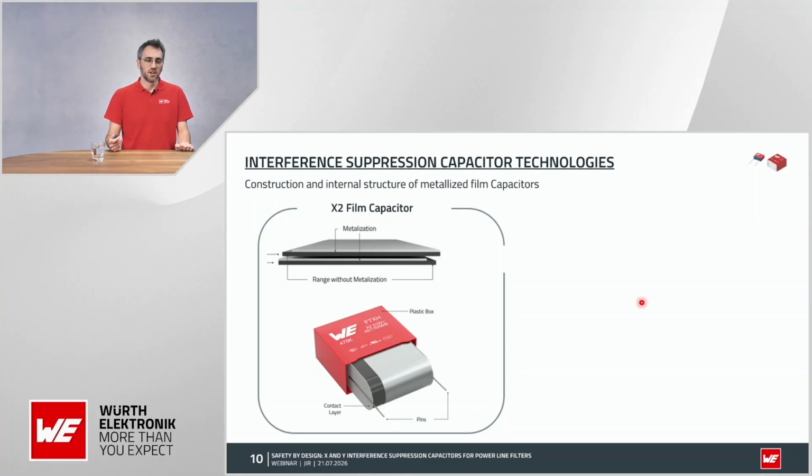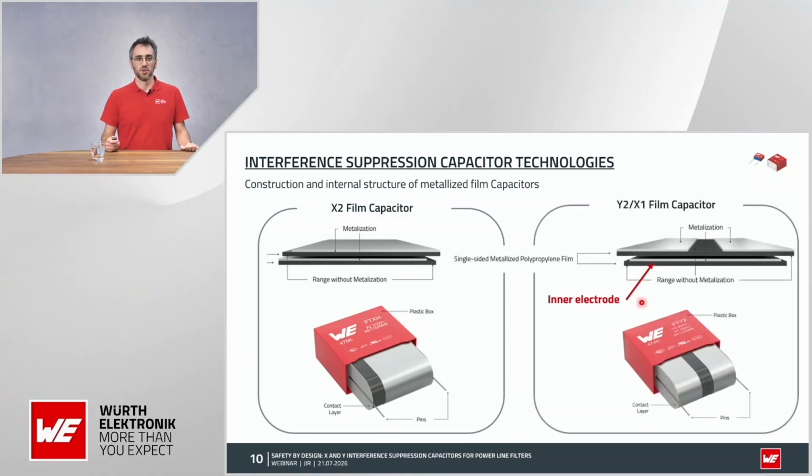Now, the structure I showed you is the structure of an X2 film capacitor that doesn't have a special structure for reinforced isolation. But in our Y2 capacitors, you will find a structure where the electrodes connected to the pins are actually split in the middle, and then we have another inner electrode.